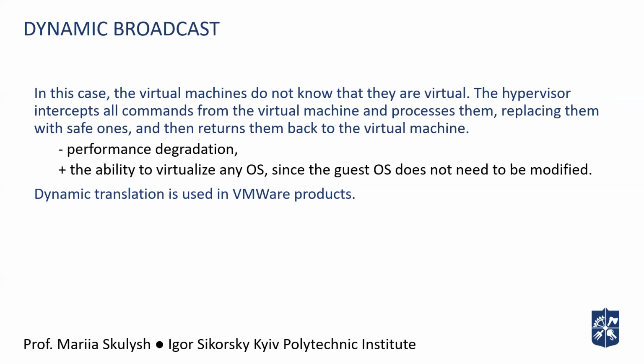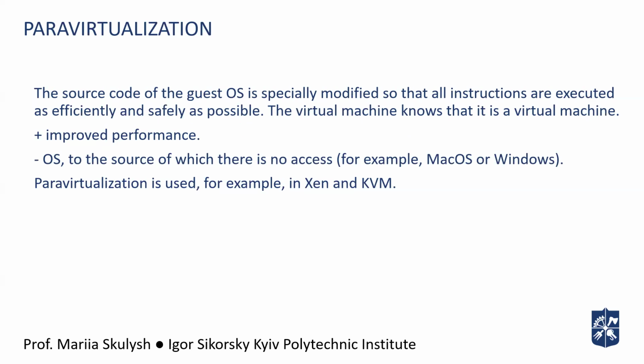On the other side, this dynamic translation doesn't know about the virtual hypervisor; it accepts all commands from the virtual machine. I told about this. It's dynamic translation. On the other side, we have such an instrument as parallelization. Why?